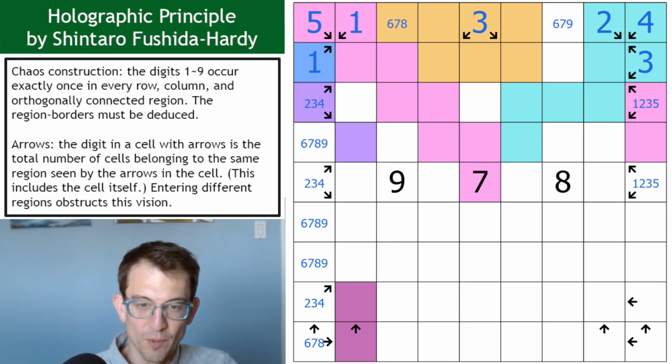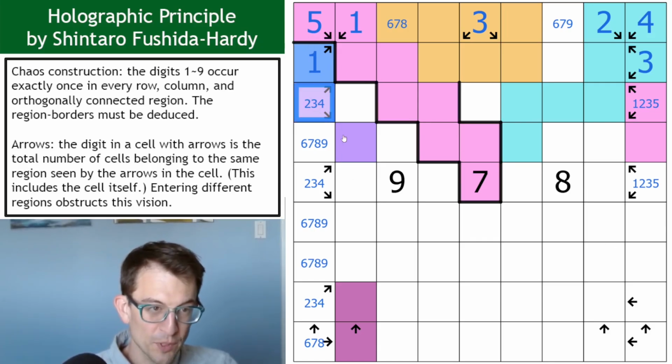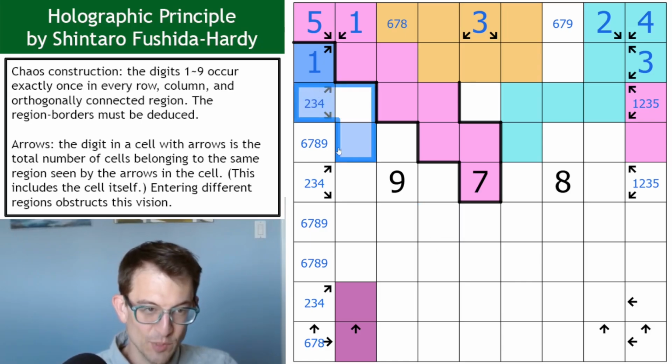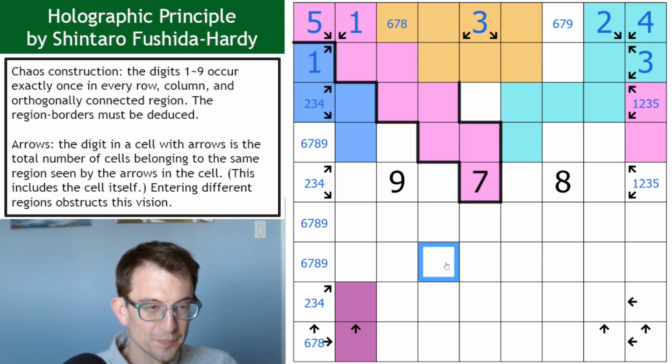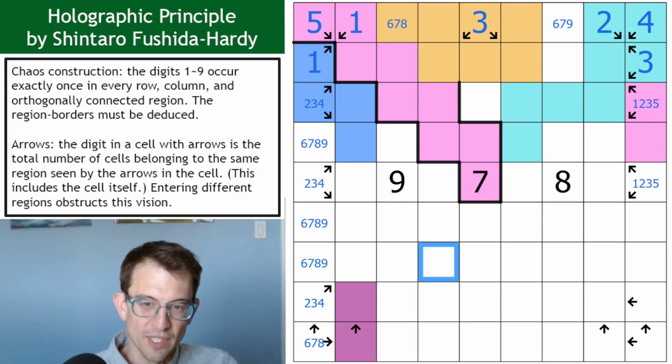I'm going to draw a border around pink so I know it's done. And that also means purple is blue. And this has to be blue, otherwise it can't get out anywhere. That did a lot, potentially. It felt important.